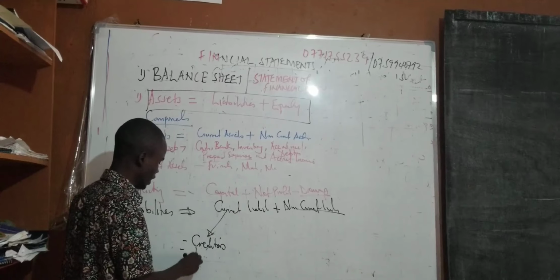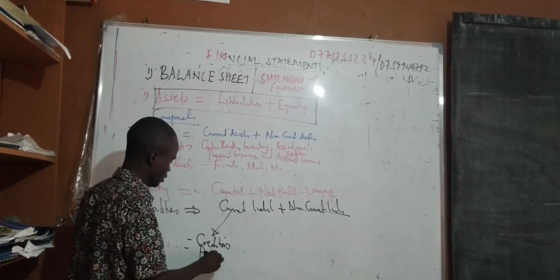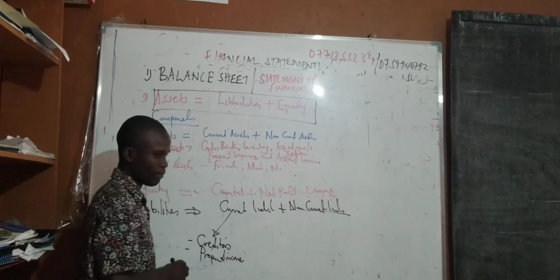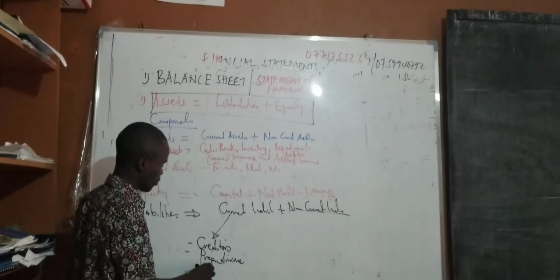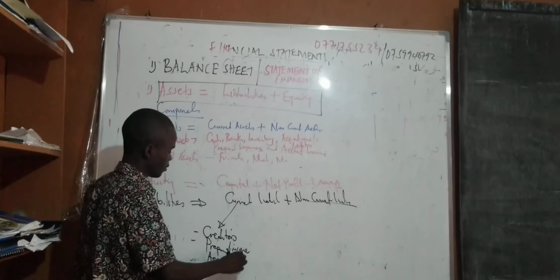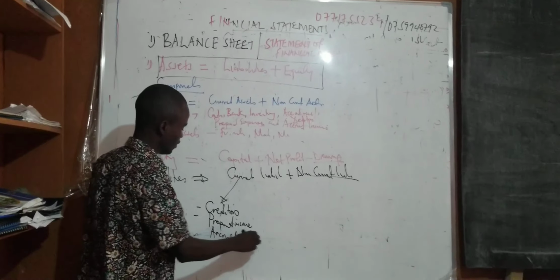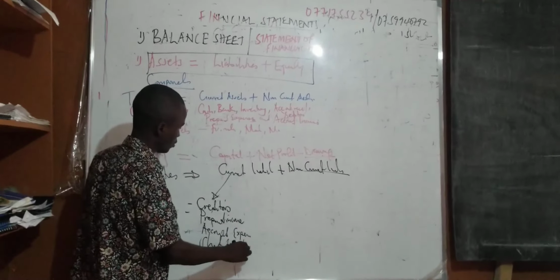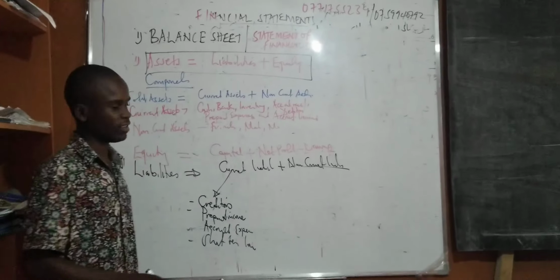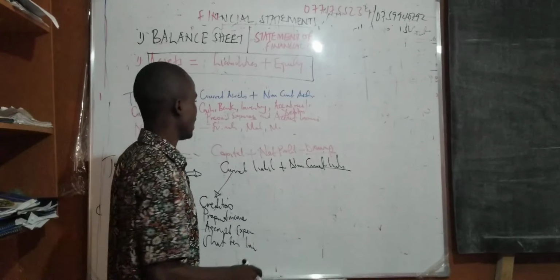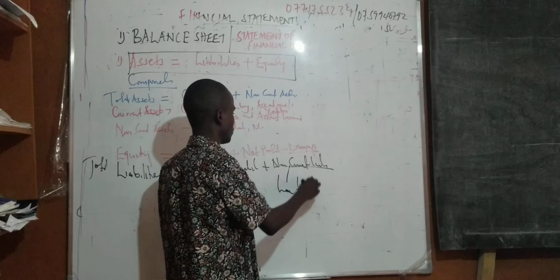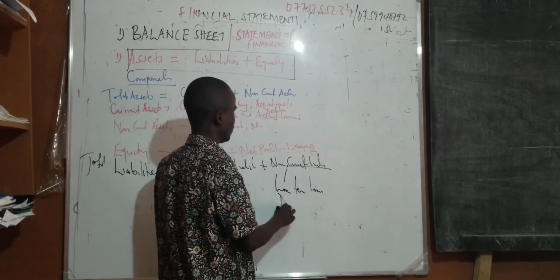So we have creditors, prepaid incomes (income earned in advance), accrued expenses, and short-term loans. These are the common liabilities that we have. Then the non-current liabilities, we have long-term loans, debentures, etc.